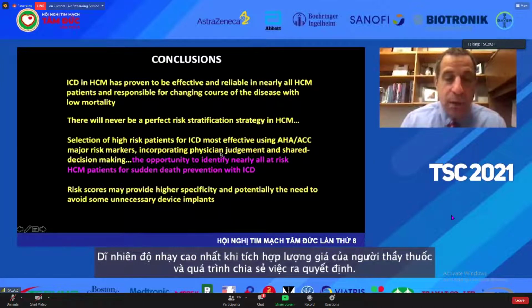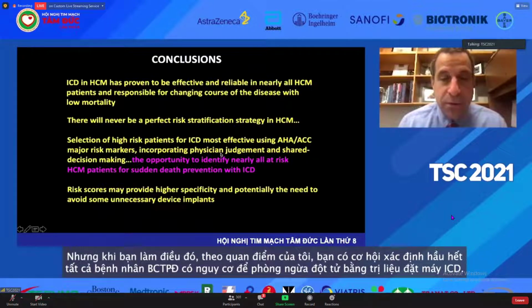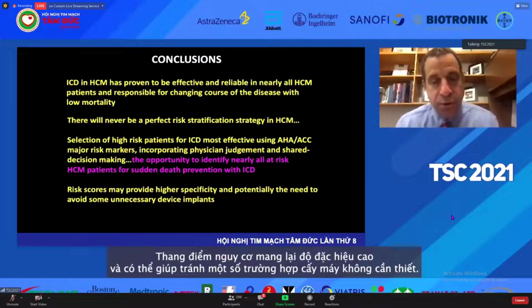But when you do that, you really do have the opportunity, in my view, to identify nearly all at-risk HCM patients for sudden death prevention with device therapy. Risk scores provide higher specificity and the potential to avoid some unnecessary devicing.